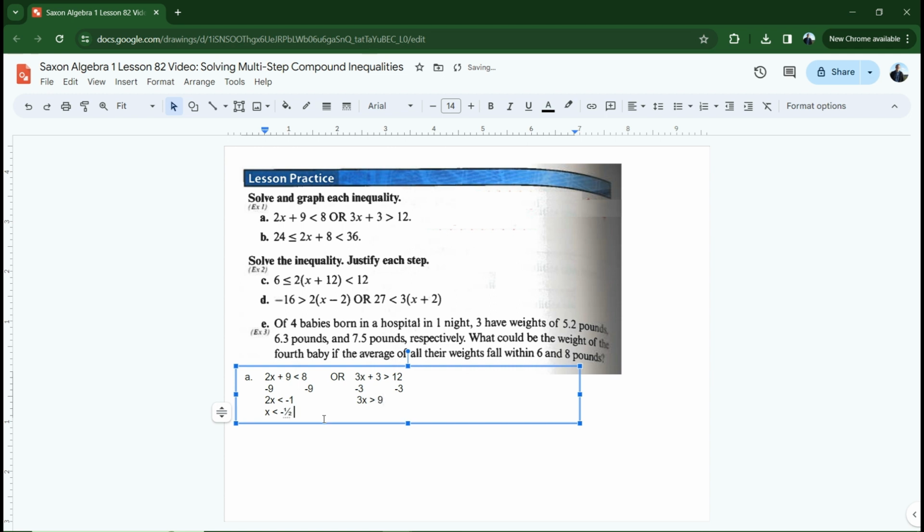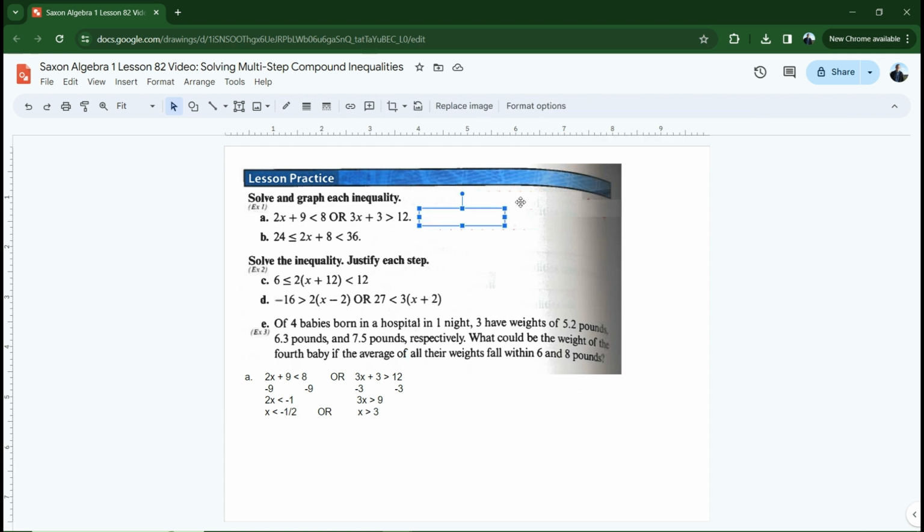And now I need to divide both sides by 3. So when I divide by 3, I get x is greater than 3. Okay, I'm just going to put an or in between these two because our final statement needs to have an or in it. x is less than negative 1/2 or x is greater than 3.